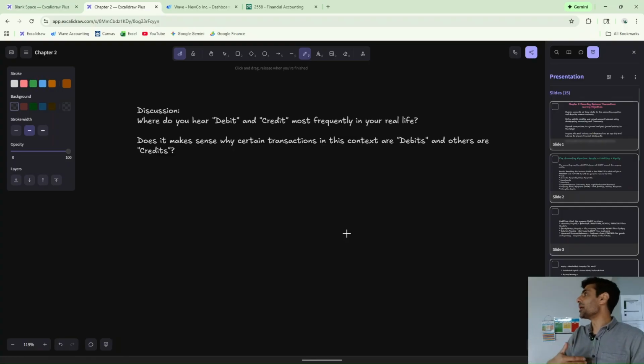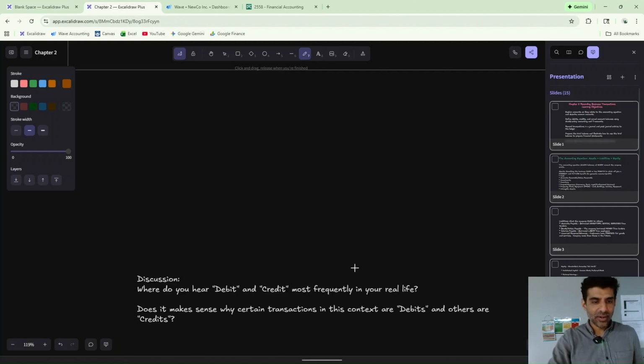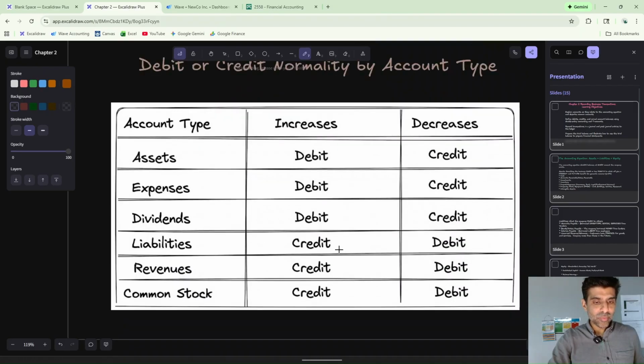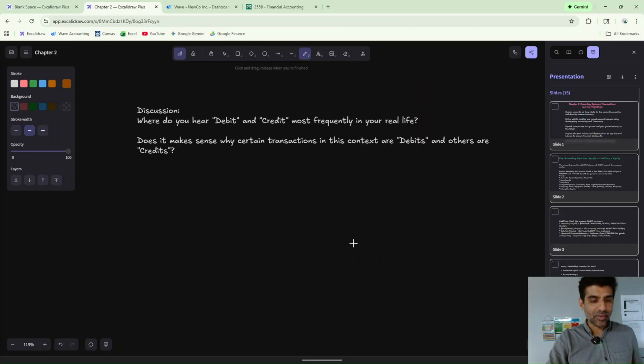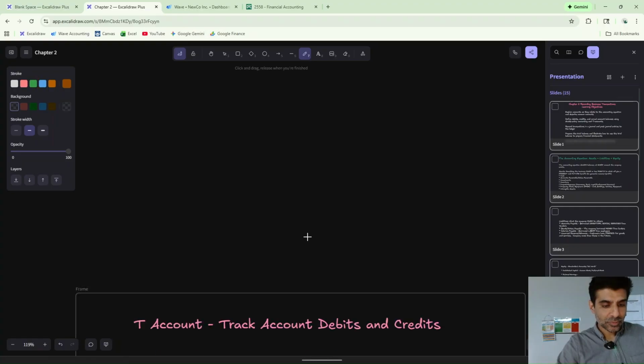And when you withdraw money or use it up, that's a debit to their liability. So we saw here that when a liability increases, it's a credit, meaning when you put in money, they owe you more. When you take out money, they owe you less, so it's a debit. That system is directly related to the system of debits and credits.